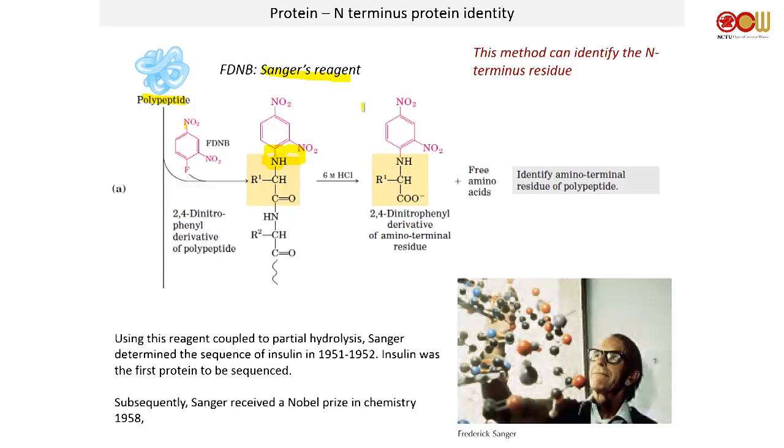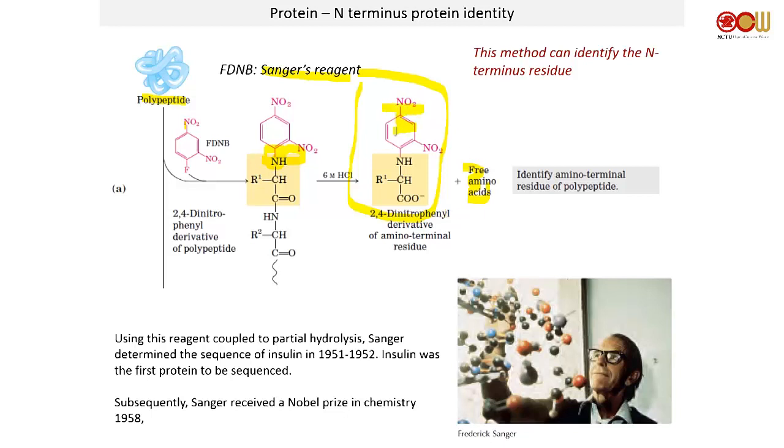Then you hydrolyze your polypeptide, and then you break it into its amino acids. Now, all the other amino acids are just free, normal amino acids, but the first amino acid on the N-terminus that you labeled will be different. Now, you then separate all the mixtures using HPLC.